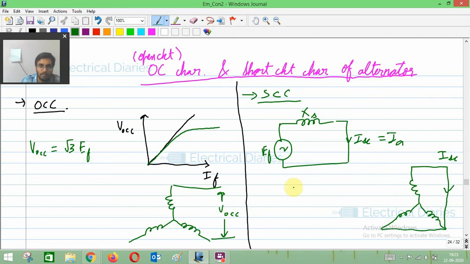Now we plot IF and IA. As you increase the field current, your IA will also increase, and RA is neglected. So you remember these two figures.